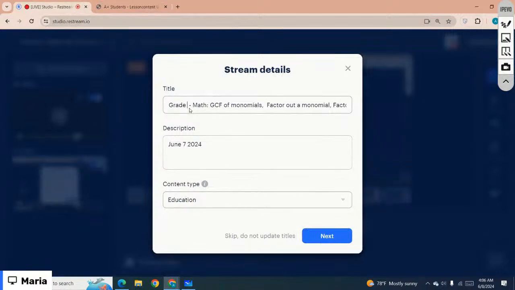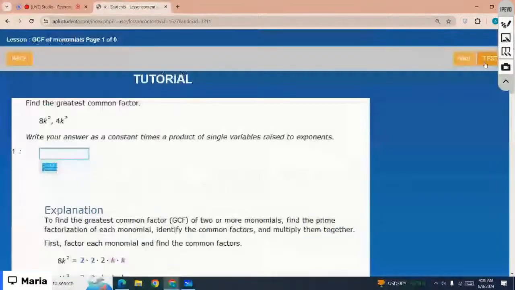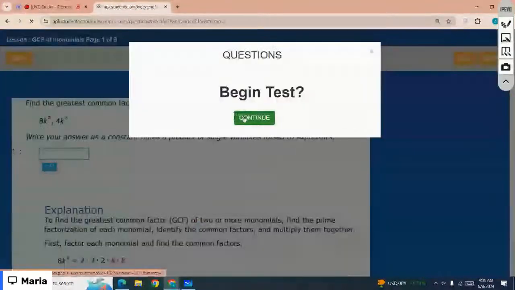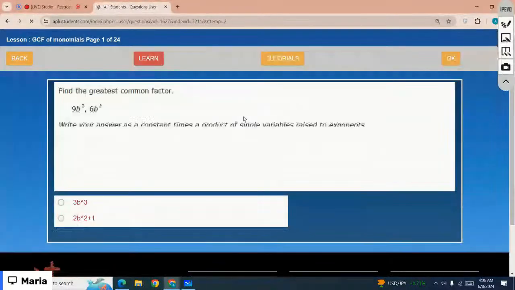So what you have to do, okay, find the greatest common factor of 9b cube and 6b cube. Basically, the greatest common factor is the greatest number that can divide both the numbers, right?